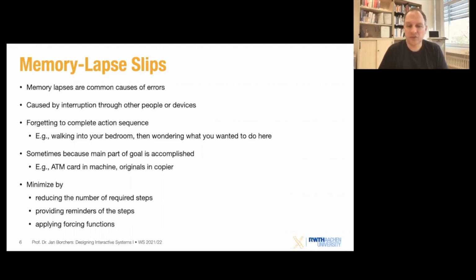Or you can apply forcing functions, which is also what ATMs do. For example, they won't give you the money until you have actually pulled the card out of the ATM, right? And that makes it pretty safe to make sure that you don't forget it. But oftentimes you will see a sign next to the photocopier, don't forget your originals. That's exactly a reminder of all the steps that I'm talking about here.